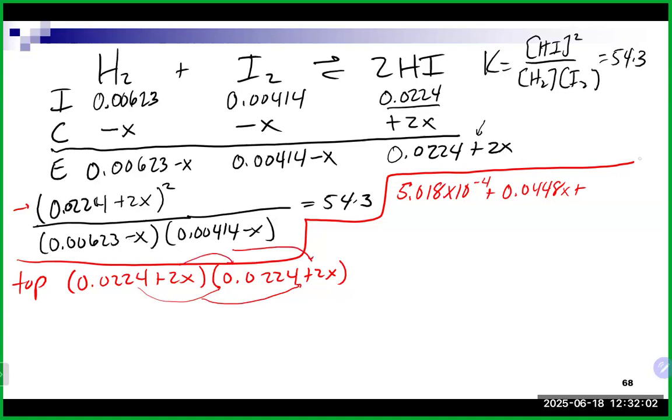We're going to do the same thing on this side. That's going to get us 0.0448x, and 2x times 2x is going to give us 4x squared.